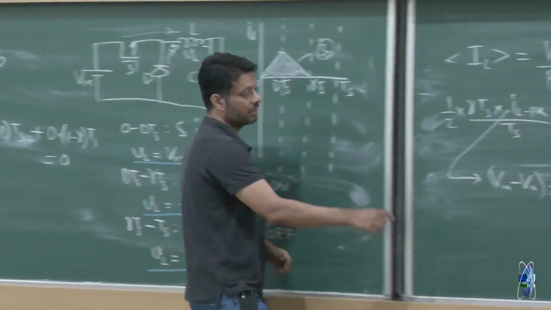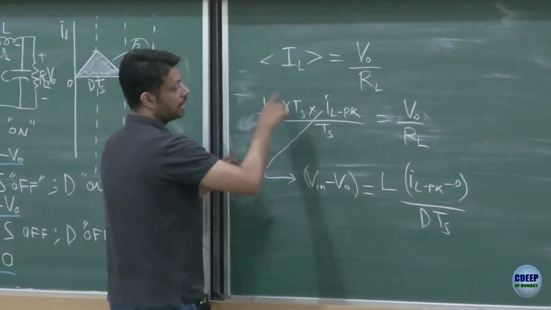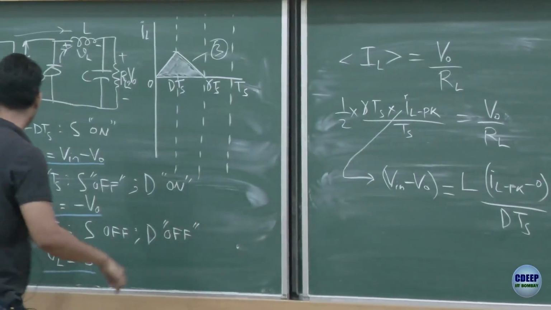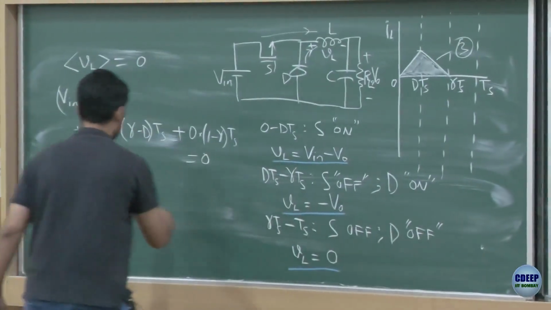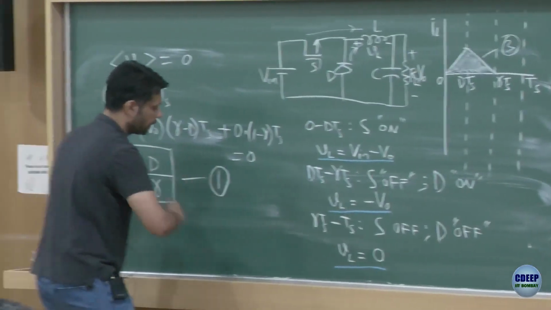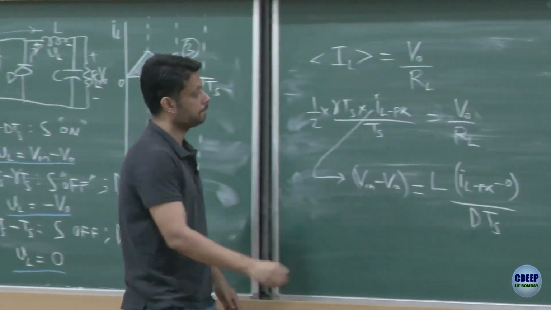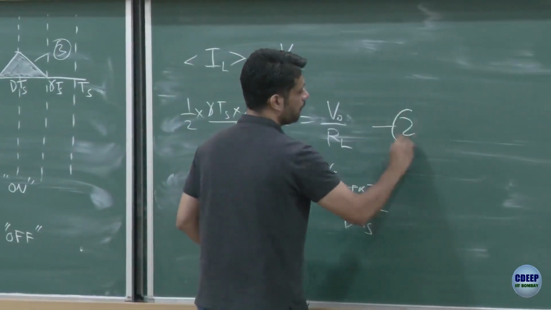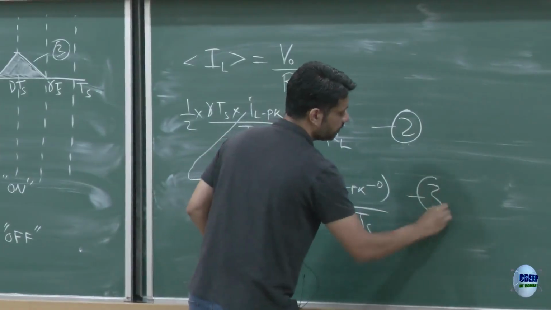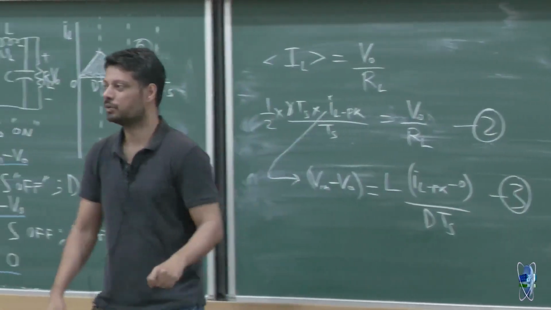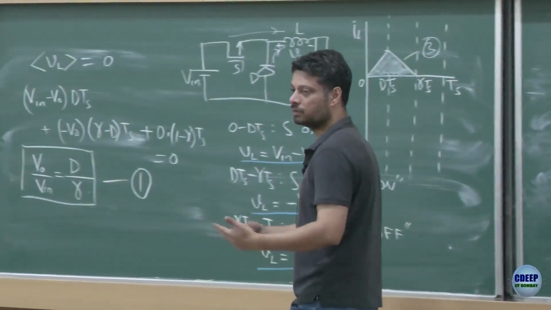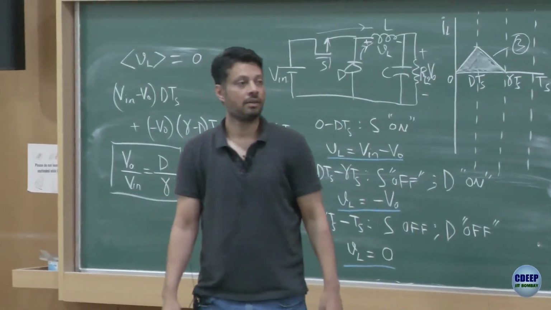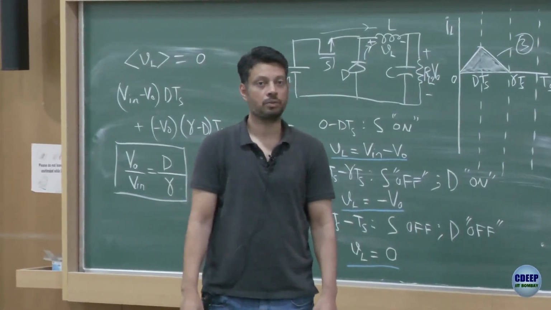So you can substitute this I peak value from here to here, you get one equation in gamma, and you have another equation in gamma already here. Let me write this as equation 1, this is equation 2, equation 3. You can solve 1, 2, 3, you can find gamma, you can find output voltage, you can find all the things that you want to know.